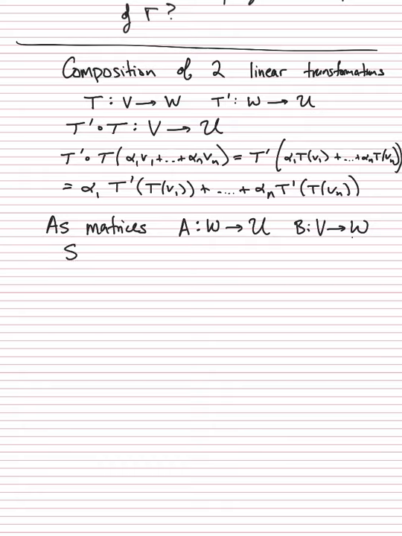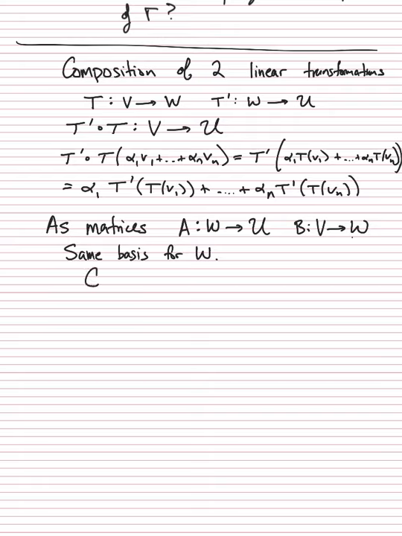I want to assume that the same basis is used to define A and B, the basis agrees for W. So for V and U you choose arbitrary bases, and then for W, you have to choose the same for both A and B, okay?